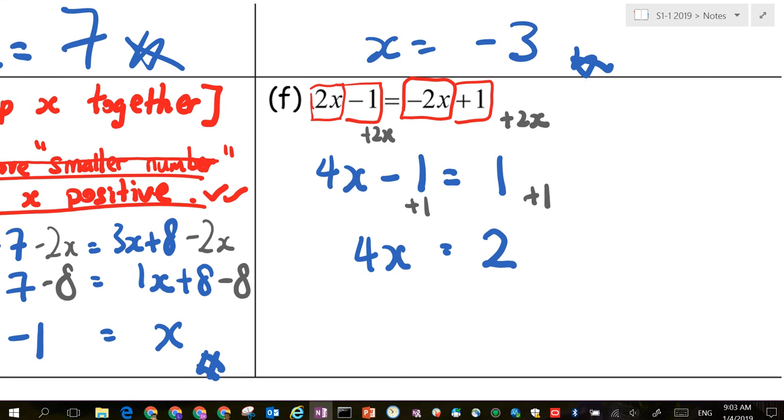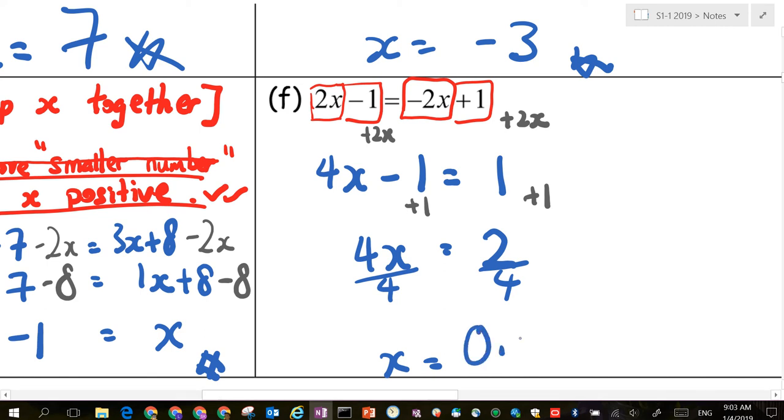What is 4 divided by 4? 1. What is 2 divided by 4? 0.5. So in exam, you write 0.5 correct, or you write half also correct. My personal preference, I prefer fraction every time. In exam, this is 3 marks.